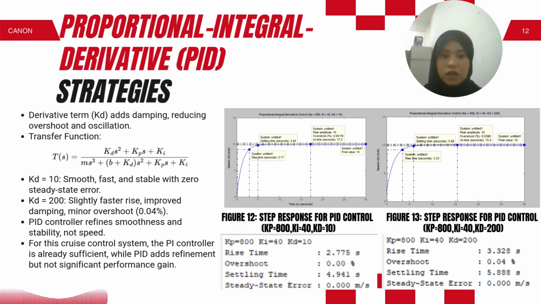In this case, our cruise control system already performed excellently with the PI controller, achieving zero steady state error and no overshoot. The PID just adds a layer of refinement, smoother but not significantly better, making it more of an enhancement than a necessity for this application.